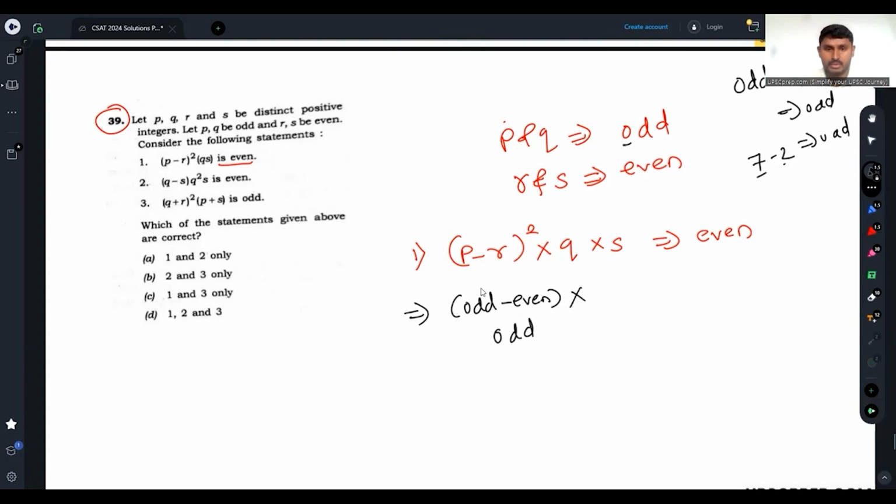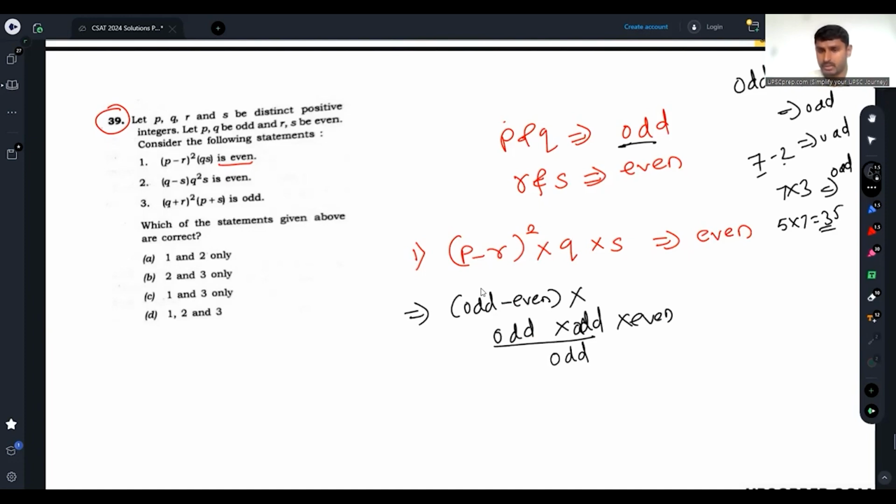Into, what we have to do? Q. What is Q? Q is again odd, right? Into S. S is even. Okay. See now, odd into odd क्या होता है हमेशा? Let's say 7 into 3, it is always odd, right? Let's say 5 into 7, 35. Always odd. So odd into odd will give me odd.